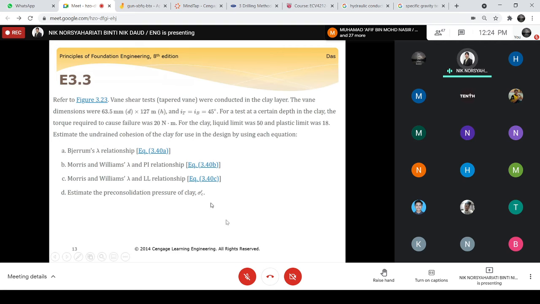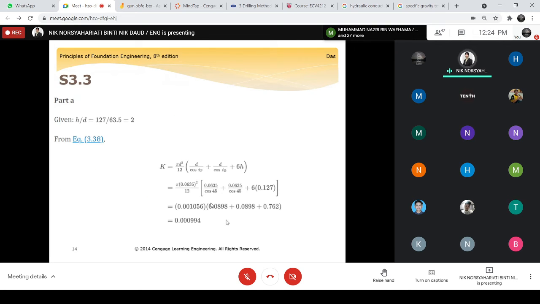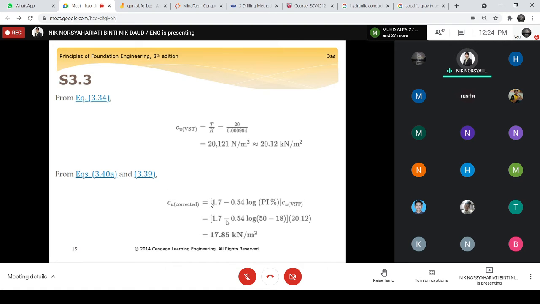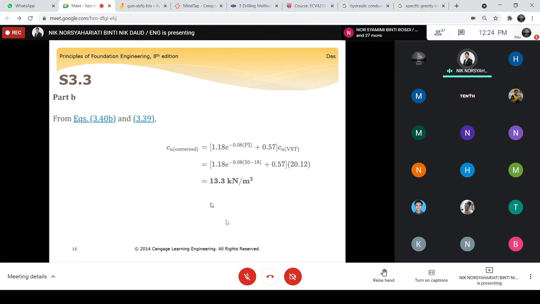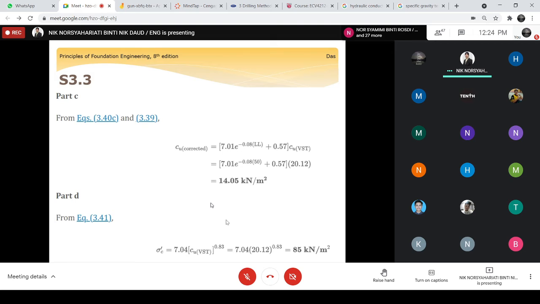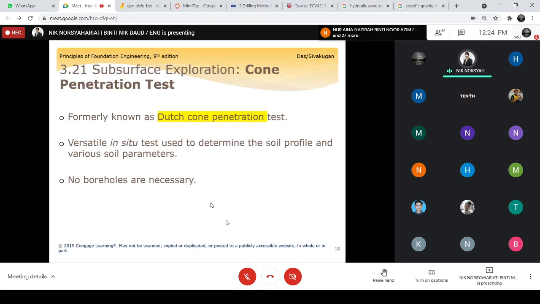Then at the end, you can determine the pre-consolidation pressure. This equation you can find in your Mindtech chapter 3. You don't have to worry, just go through it again. All the answers are provided, so you can refer to any of those calculations, right? So part A until D, pre-consolidation.